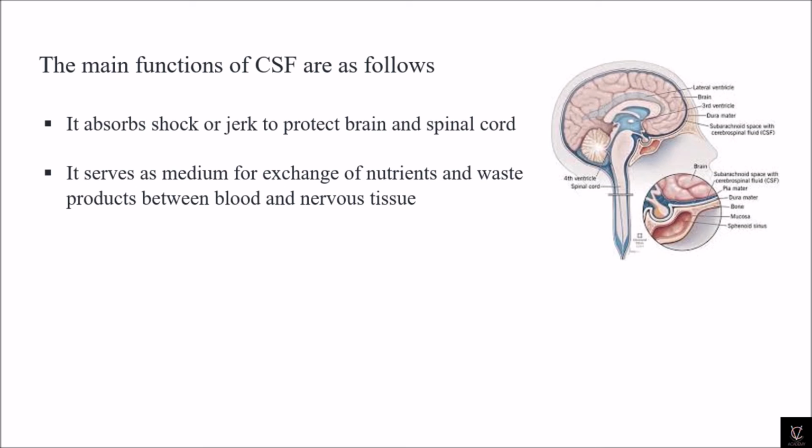And it serves as a medium for exchange of nutrients and waste products between blood and nervous tissue. It serves as an endocrine medium for transport of hormones. So we have listed three important functions of CSF.